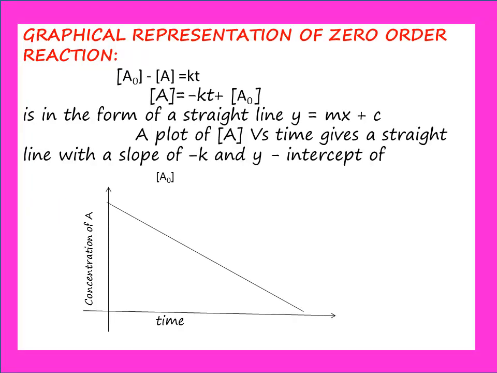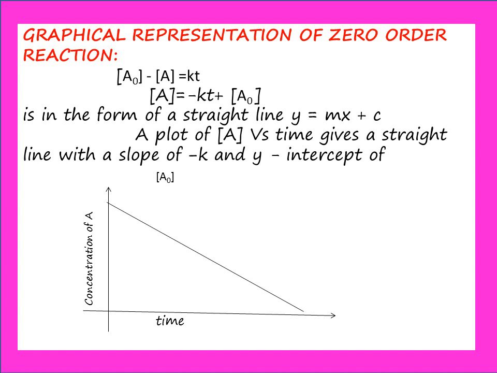What is the rate constant value for a zero order reaction? A naught minus A by t is equal to k. Taking the t to the other side, you will have A naught minus A is equal to kt. Rearranging the equation, first you will have minus A equal to kt minus A naught. When you multiply by minus, you have A is equal to minus kt plus A naught.